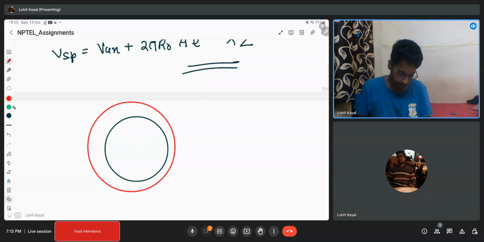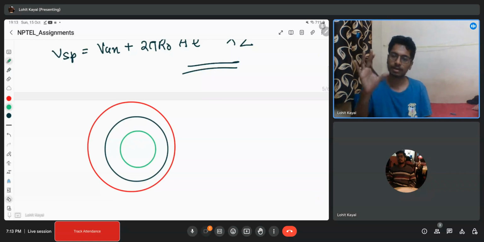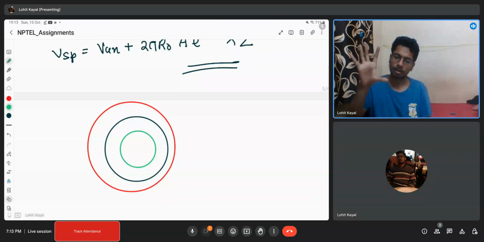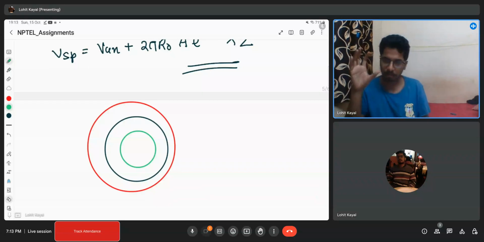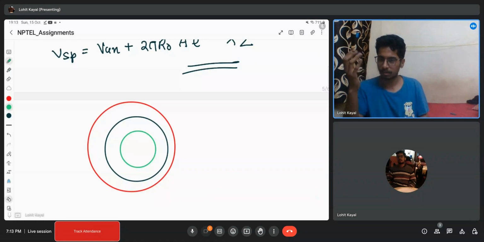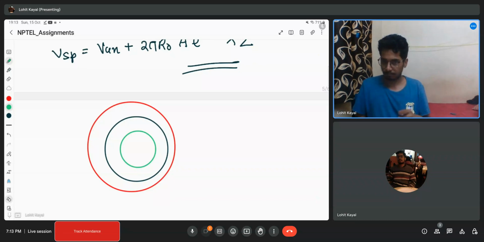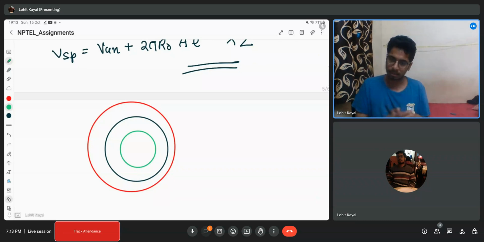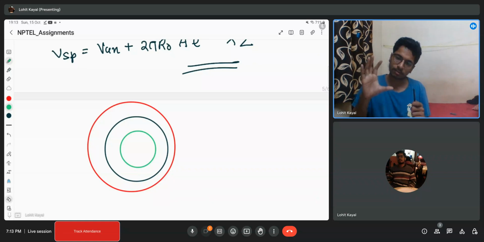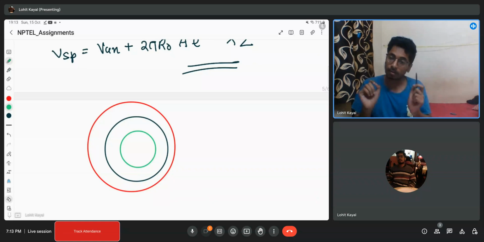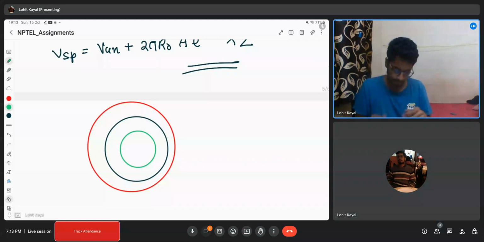Again at some time the shape will be something like this. That means it will just change the size. It will shrink down, or the size of the bubble will increase, but there will be no oscillation. So this is the physical significance of L equal to 0. The shape will not change. It will either collapse or the size of the bubble will increase without any oscillation.